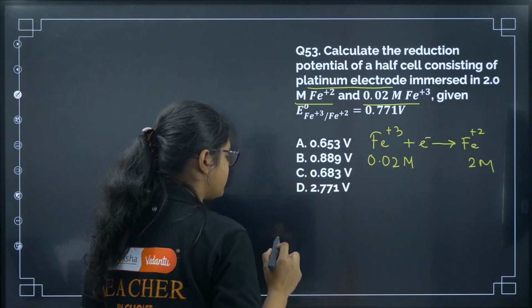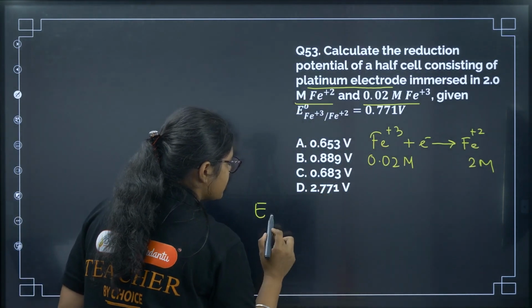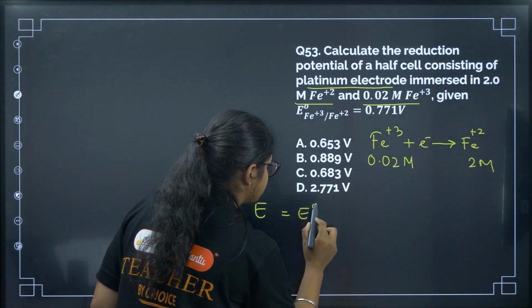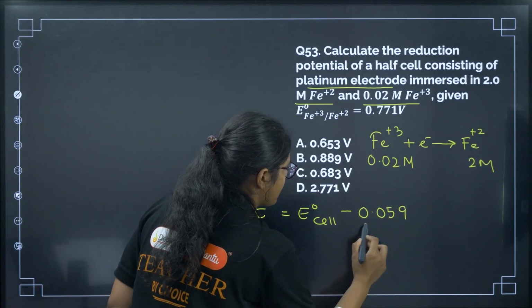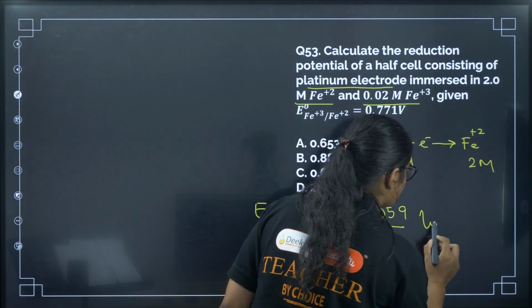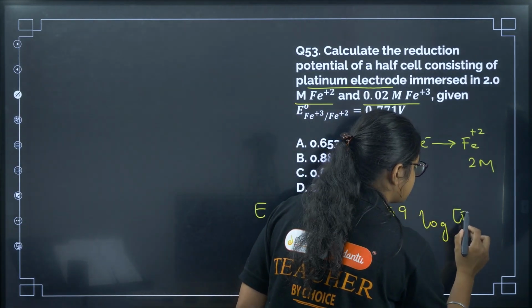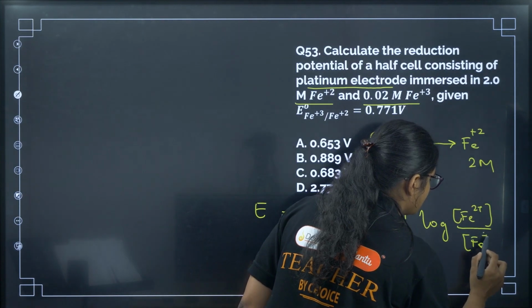Now if I want to write the reduction potential of this half cell, E will be equal to E naught minus 0.059 by 1 log of product concentration by reactant concentration. The product concentration is Fe2+ and the reactant concentration is Fe3+.